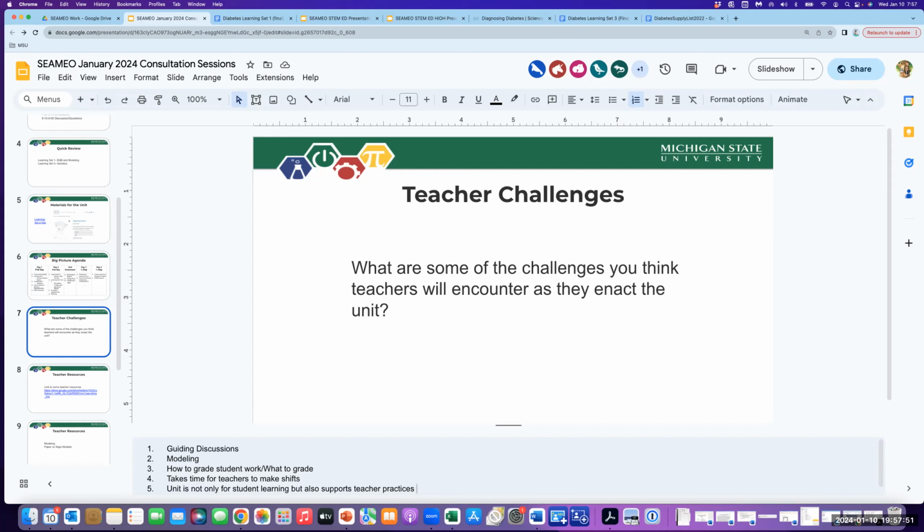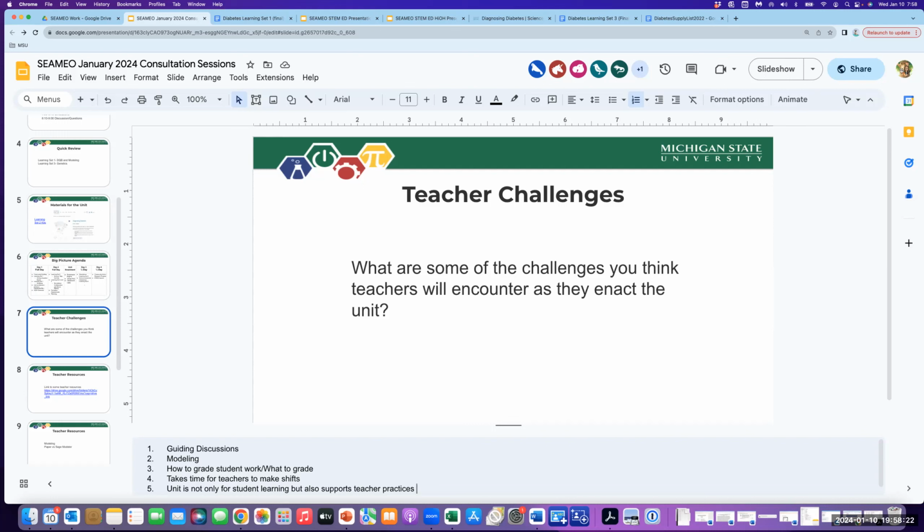And another thing I want to say is that I know somebody said the materials don't necessarily match the textbooks. The idea though is that students with this unit are being exposed to almost all of the scientific practices. They're learning how to collect data, analyze data, ask questions, and model.